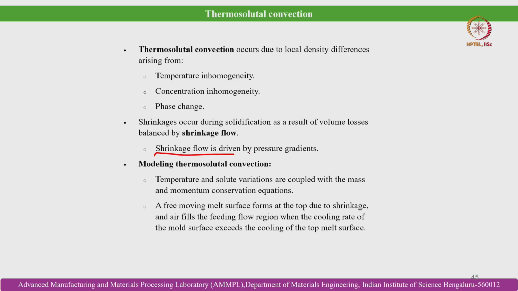So, how can we model this? Temperature and solute variations are coupled with the mass and momentum conservation equations. A free moving melt surface forms at the top due to shrinkage, and air fills the feeding flow region when the cooling rate of the mold surface exceeds the cooling of the top melt surface.